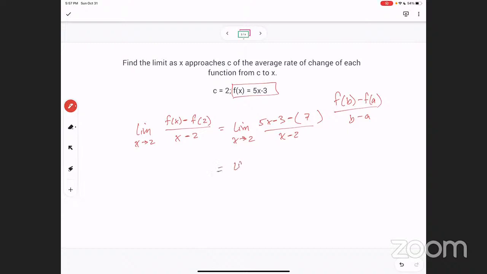So that equals the limit as x goes to 2 of 5x minus 10 all over x minus 2. Of course, this factors into the limit as x goes to 2 of 5 times x minus 2 all over x minus 2. So the x minus 2's cancel, and you just get the limit as x goes to 2 of 5, which just equals 5. And that is the correct answer.